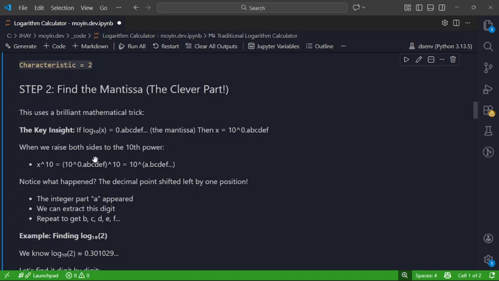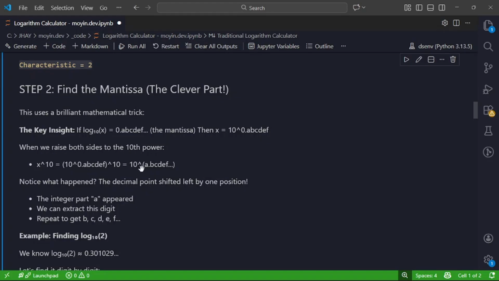What I'm saying is a here was the first digit of the mantissa. When you raise it to the power of 10, it becomes the characteristic because the decimal point shifts by one position. Because of that decimal point shift, a becomes the characteristic.